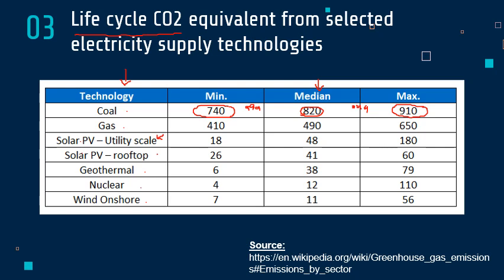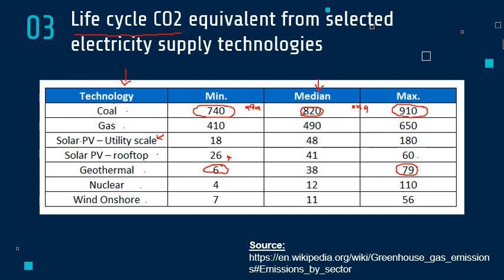So what we're looking at here, we can make some interesting conclusions looking at the different types of technology. So for example, here I can see that geothermal, even though it has a very low minimum value here, it has a higher maximum value than rooftop PV, which is only 60, but rooftop PV has a lower minimum value.